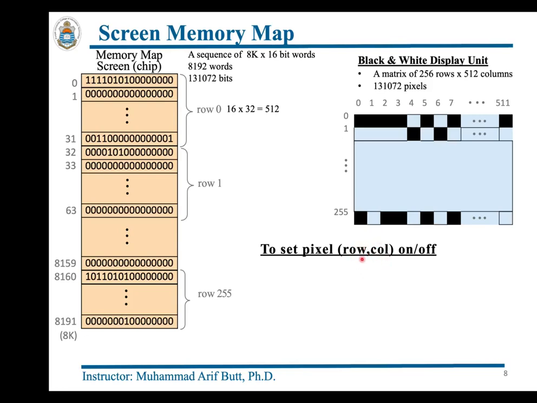So given a row comma column on this screen, how can I calculate the address of the 16-bit word in the memory map that contains that specific pixel? And later, how can I locate the specific bit within that word? So let's do it.